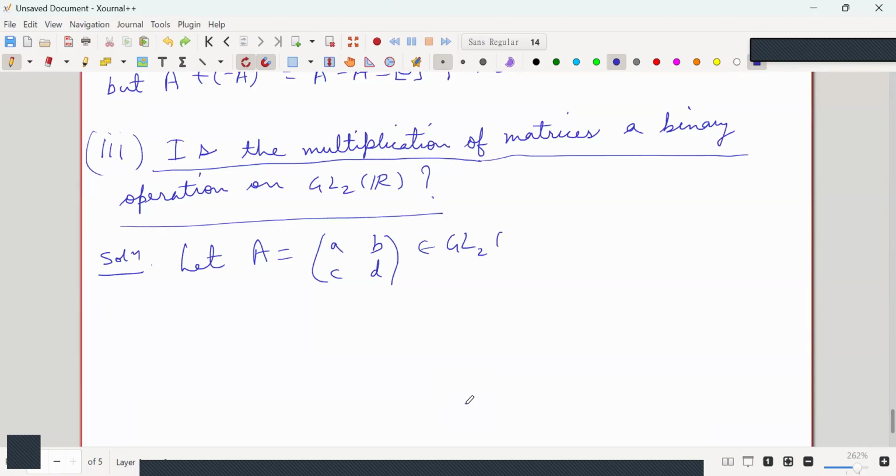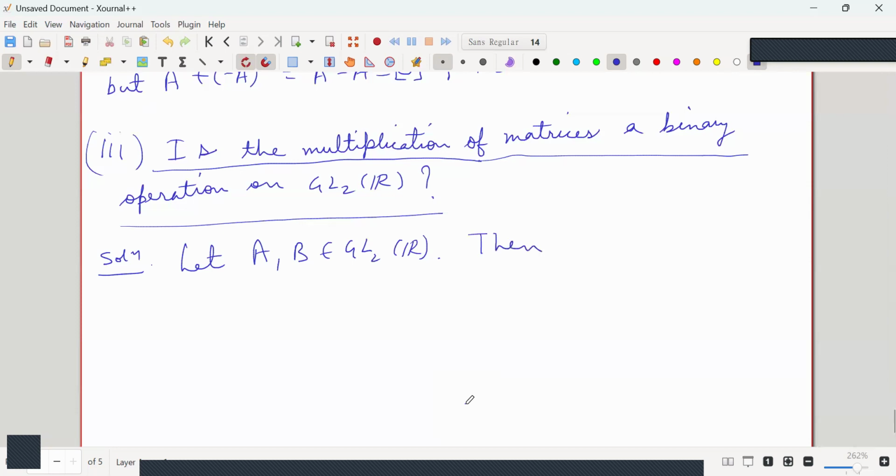We can simply take A and B belongs to GL2R. We don't need to go element wise inside this matrix. The whole matrix is enough.